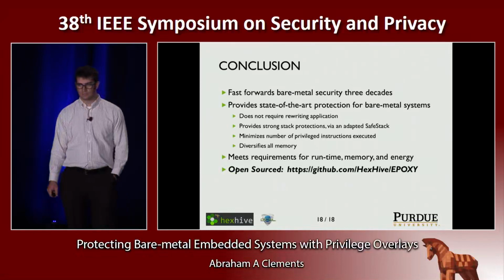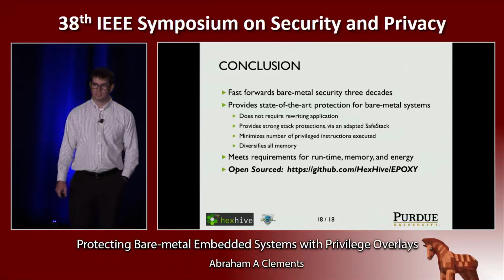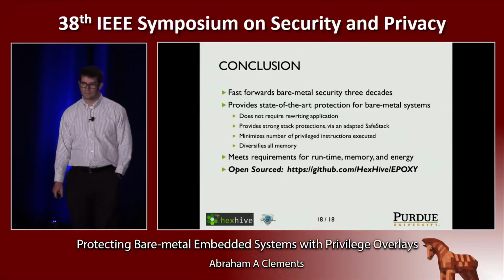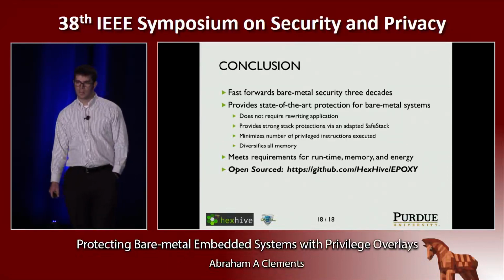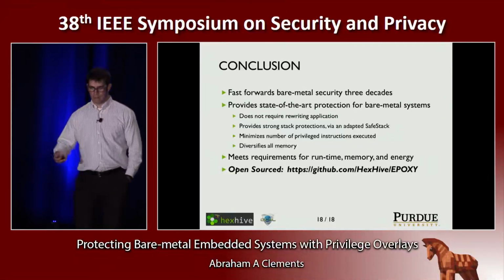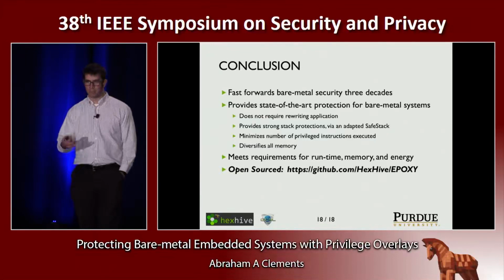So I was interested in the performance figures that you showed, where actually using EPOXY gave improvement. How should I see these figures, and can you explain why? Okay, so it's a diversifying compiler, so the instructions change in each binary.